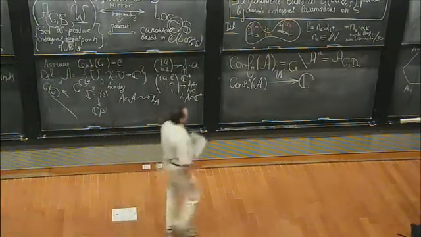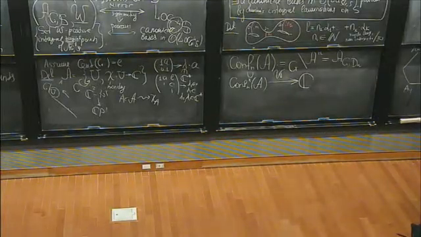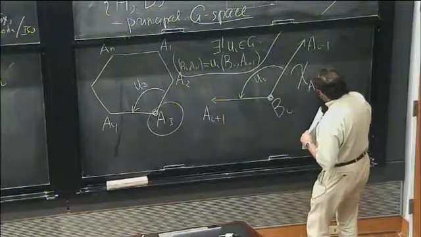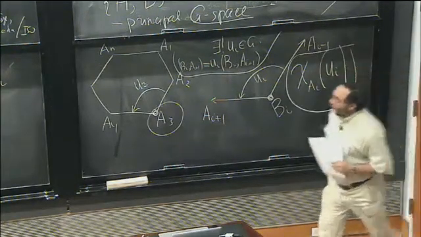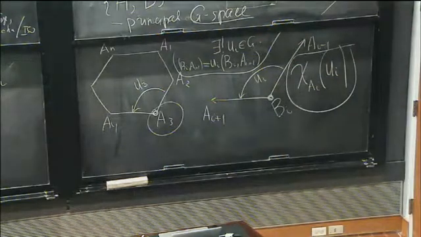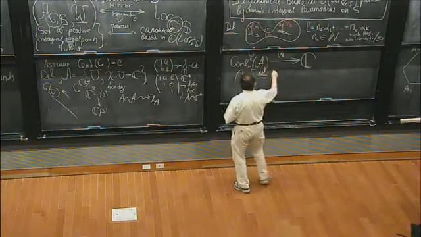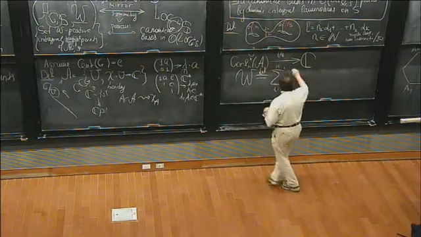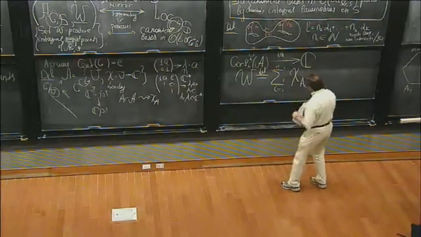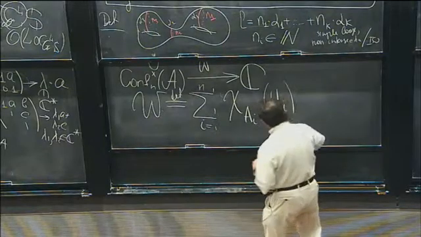And so you just define the value of this character chi_{A_i} on the element U_i you produce, and you get a number. And now by definition, the potential W is defined as a sum over all vertices of these characters associated to the decorated flag sitting at the i-th vertex evaluated on the unique element which sits at this vertex.